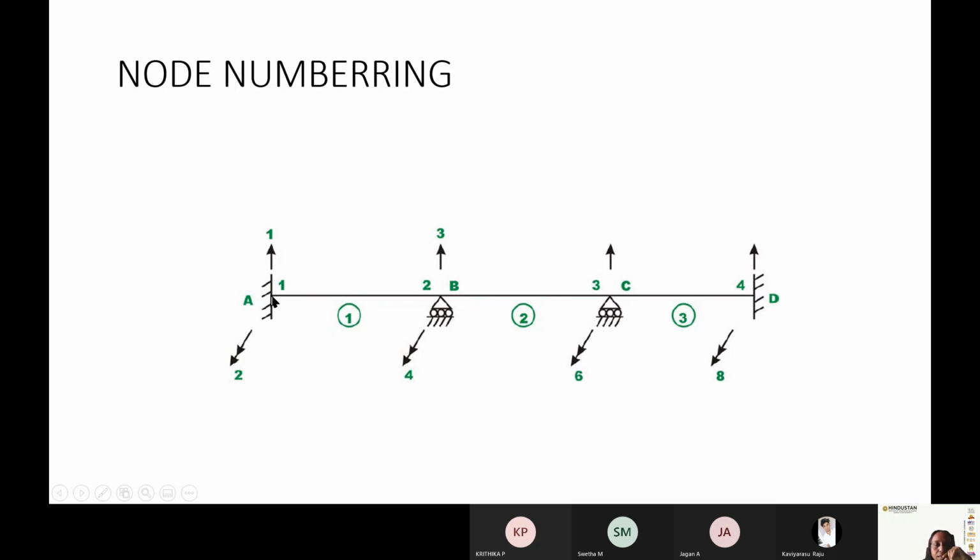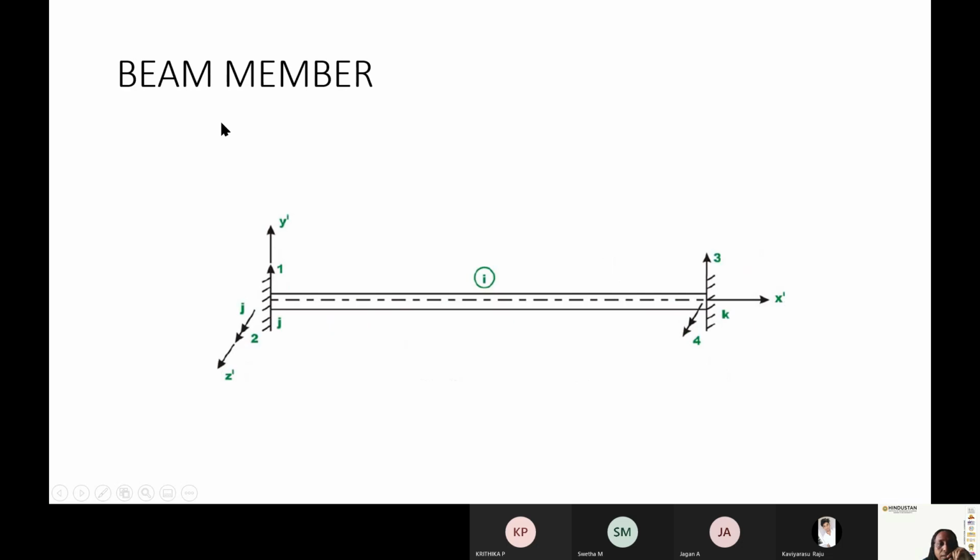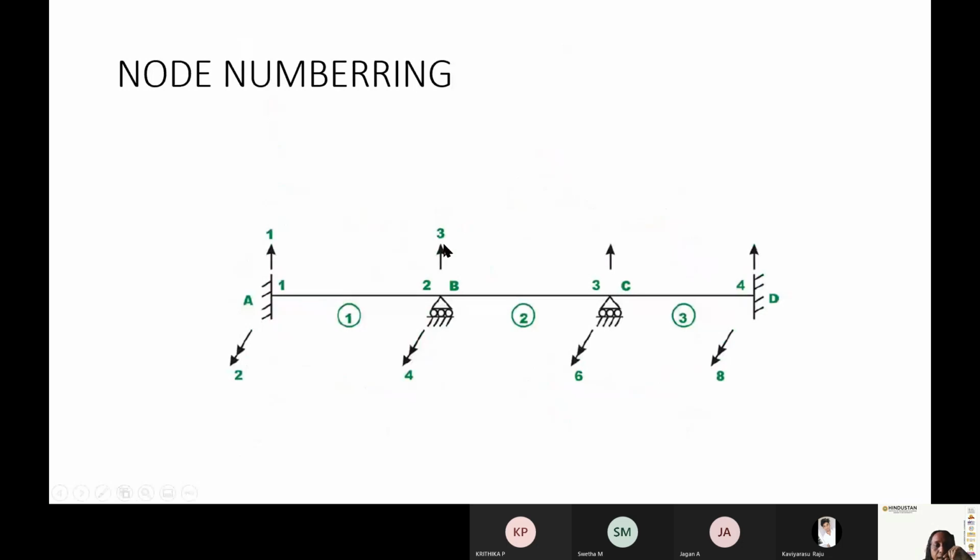This particular node is a fixed support, so no translation and no rotation. Then this particular support node is not having any translation, that is, it is prevented from translating. It can't move vertically upward or downward, but it can rotate.